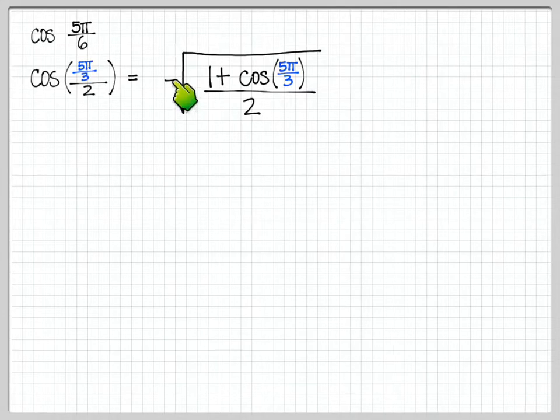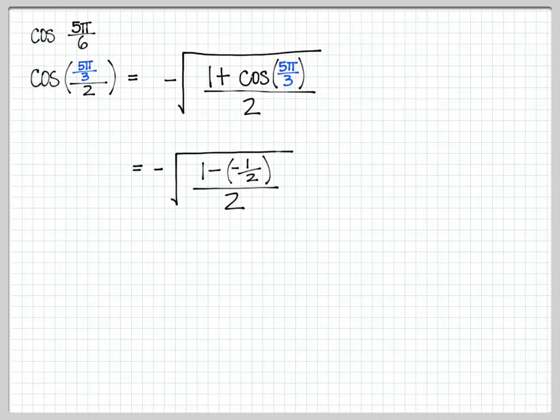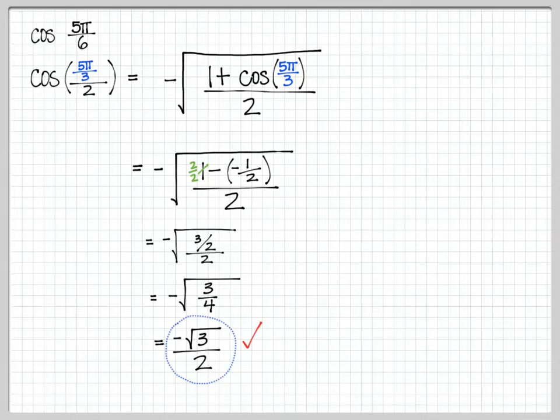So we have a negative out in front, and then we have 1 plus cosine of the alpha, 5 pi over 3, all divided by 2. Knowing from our unit circle what cosine of 5 pi over 3 is. Again, you could say, well, I knew from the unit circle what cosine of this is. We're not doing this because we don't know these right now. We're learning how to use these formulas, and later on, you're going to be given different information to figure it out. Simplifying, we get negative root 3 over 2.